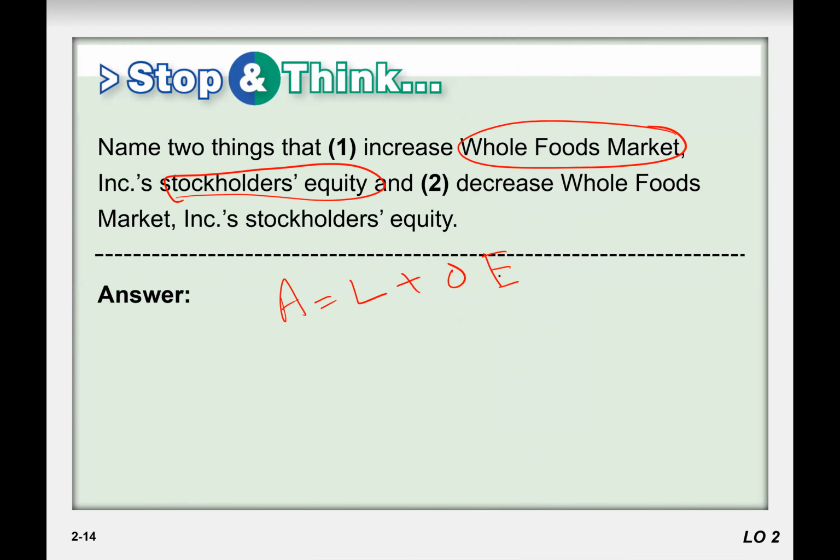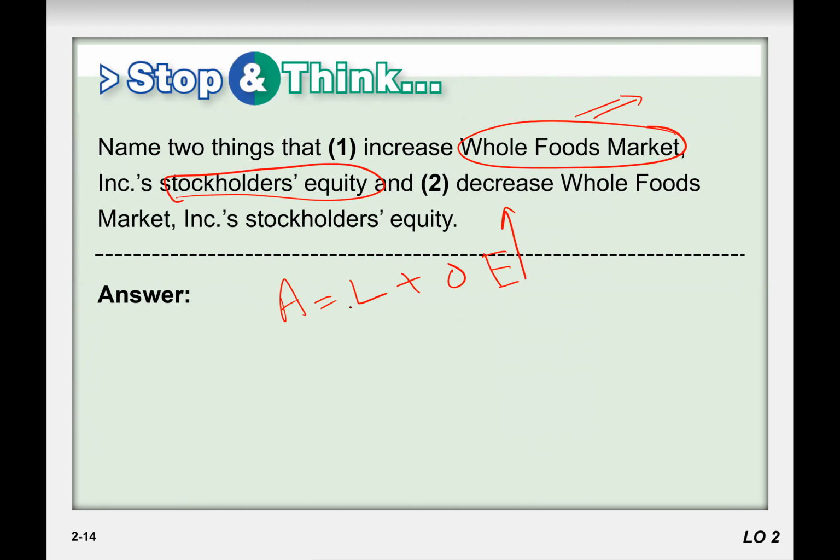So name two things that increase Whole Foods Market Incorporation's equity. Anyone? Less liability should increase it, or more assets, I would say. I'm just talking about owner's equity, not liability.